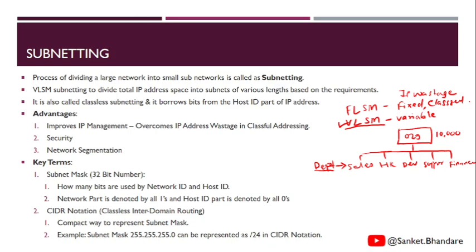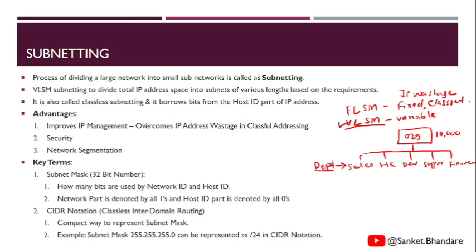For that requirement I had to use a class B network, because a class C network only provides 254 hosts, so my requirement wouldn't be fulfilled. A class B network provides somewhere around 65,000 IP addresses, which is not a requirement, and after using 500 IP addresses, the remaining 65,000 would be wasted. So there was wastage in classful addressing.